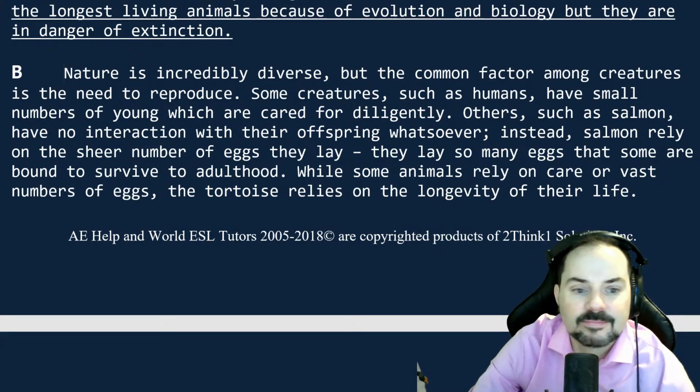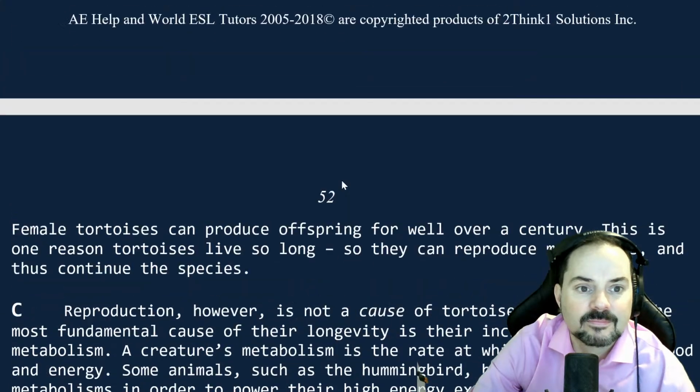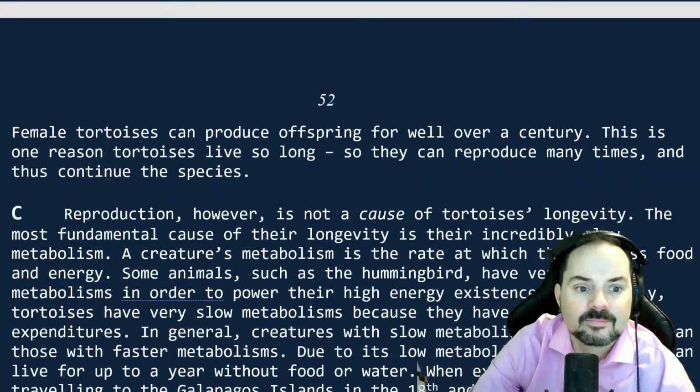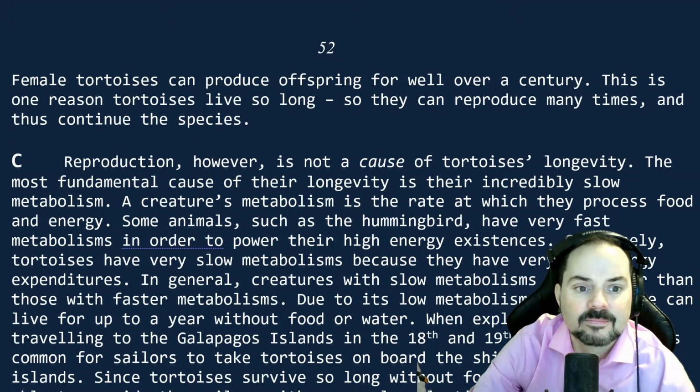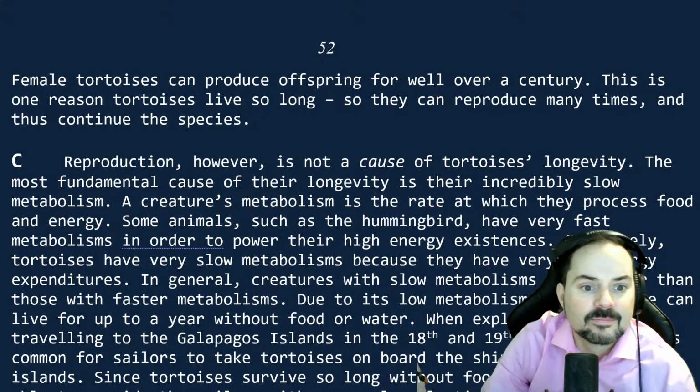They lay so many eggs that some are bound to survive to adulthood, while some animals rely on care or vast number of eggs. The tortoise relies on the longevity of their life. Female tortoises can produce offspring for well over a century. This is one reason tortoises live so long, so they can reproduce many times, and thus continue the species.